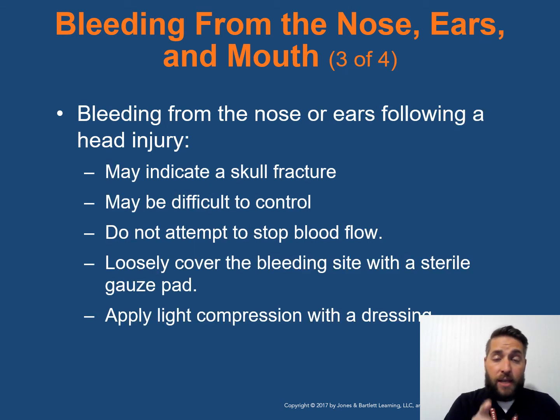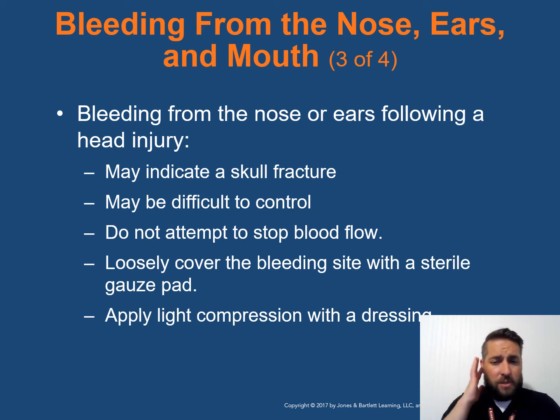Know this, guys, that whenever we're doing our assessment, we're looking at the nose, mouth, and also the ears. If you have bleeding at the ears or the nose, there is a potential that could be a skull fracture. We'll talk at the very end about how you can possibly determine whether it's a skull fracture. These situations are very difficult to control because there's no way to really truly access it, at least with us.